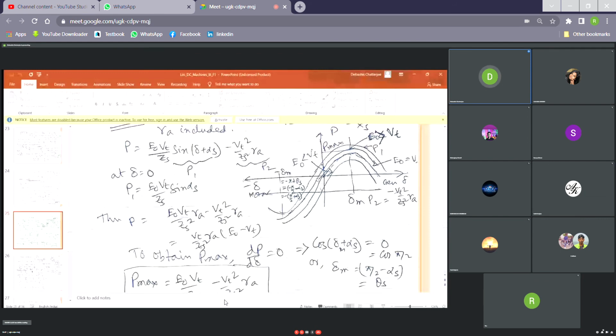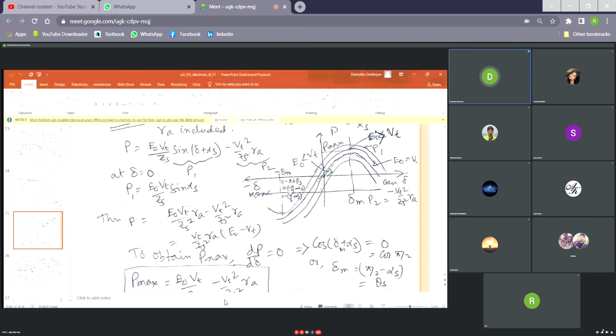Now, to have an idea of how the plot can look, you can make it by considering the case at delta equal to 0.